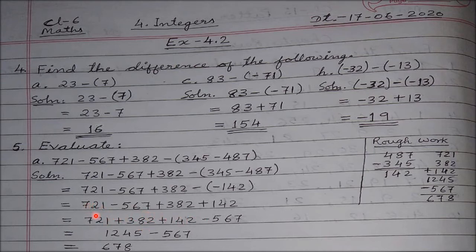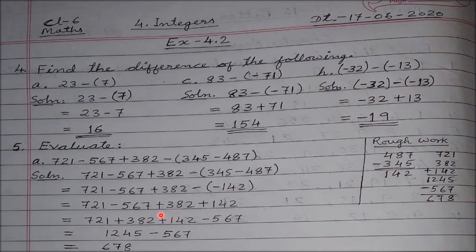This 721 has no sign before it, that means it is a positive integer. The next positive integer is 382. Before 382 we have a plus sign, meaning it is a positive integer. The next positive integer is 142. Before 142 is a plus sign, so plus 142 will be written.